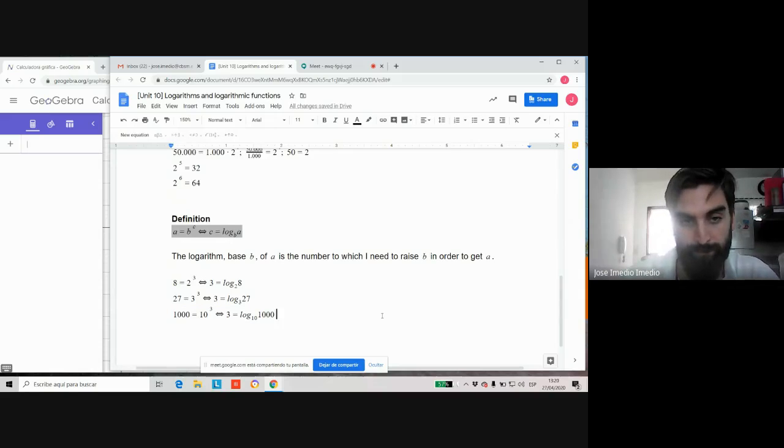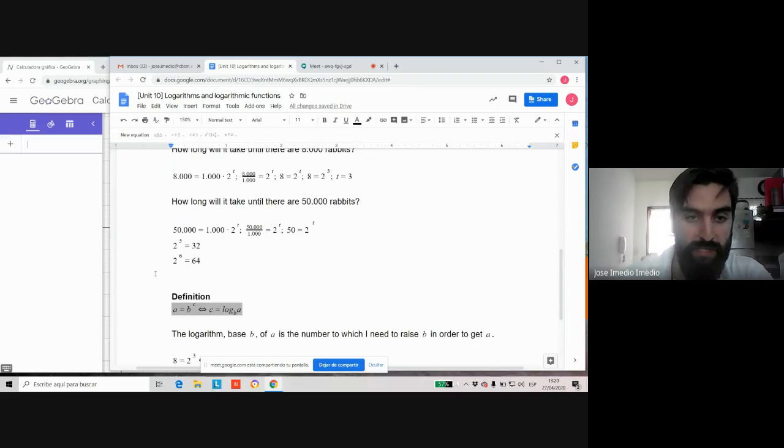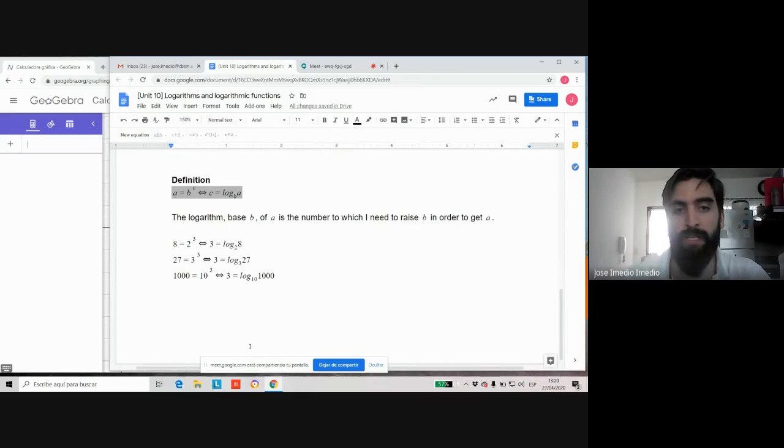Okay? That's the relationship. This is the relationship that lets us know that we do need logarithms. Okay? So let's solve this example here and then I will go back to the definition.